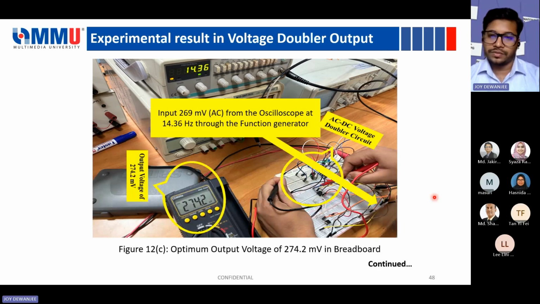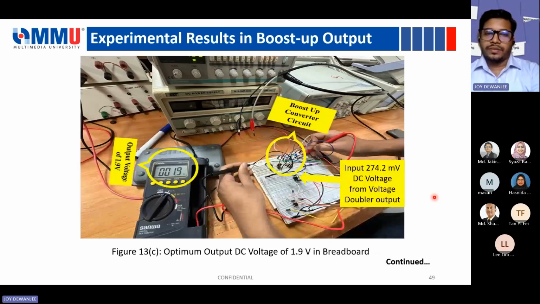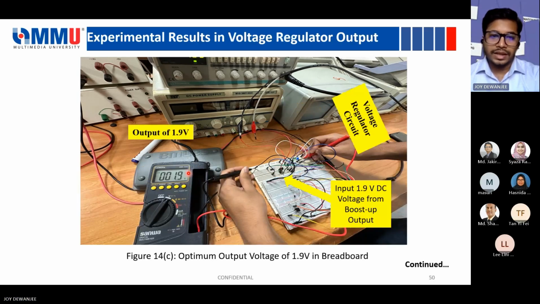And from the booster converter circuit, the voltage is enhanced to 1.9 volt. Another thing is that in the voltage regulator circuit, we have also maintained 1.9 volt, with no loss.